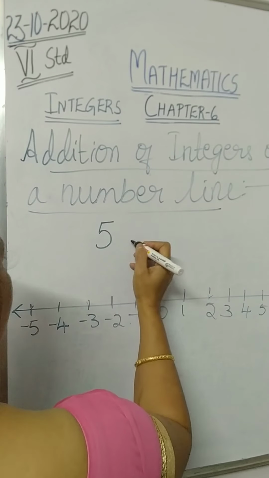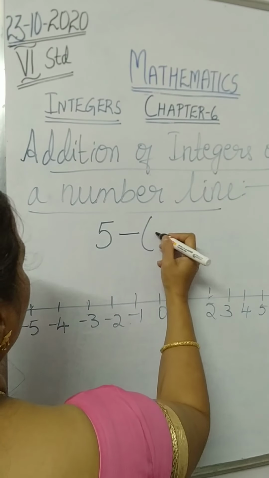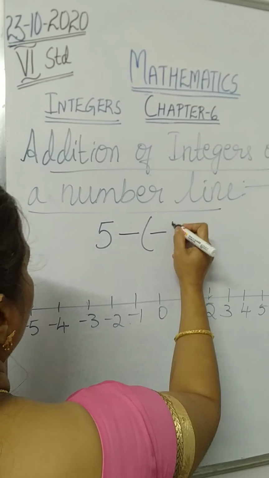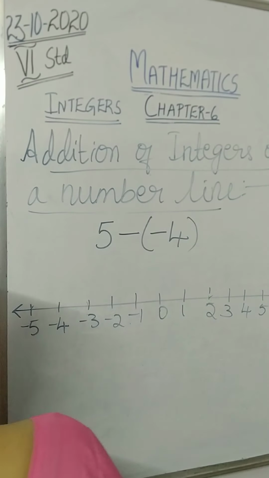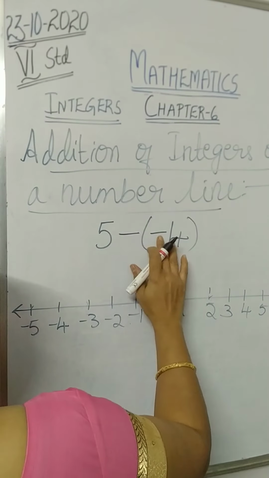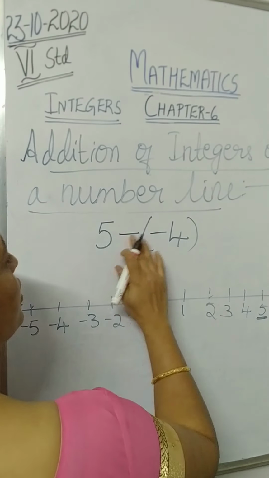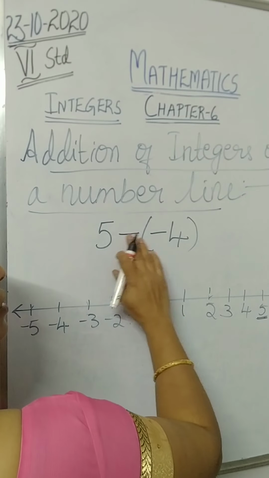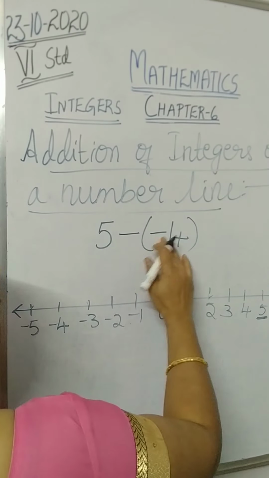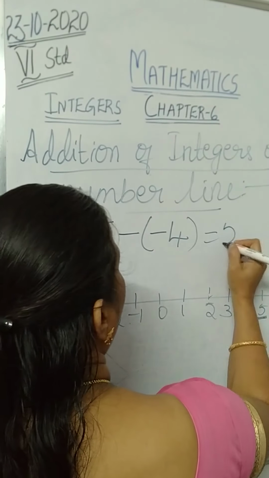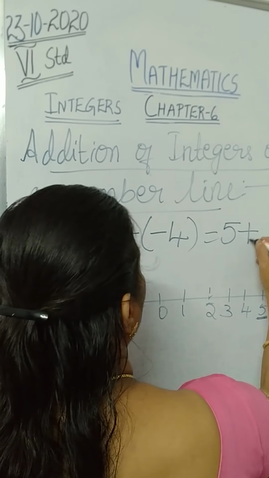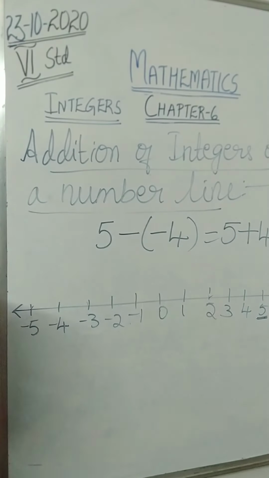5 minus of minus 4. Yes. Now look here. Here we have this 5, it is plus 5. Here both are minus symbols. So we will write it as 5 plus 4. Are you getting it?